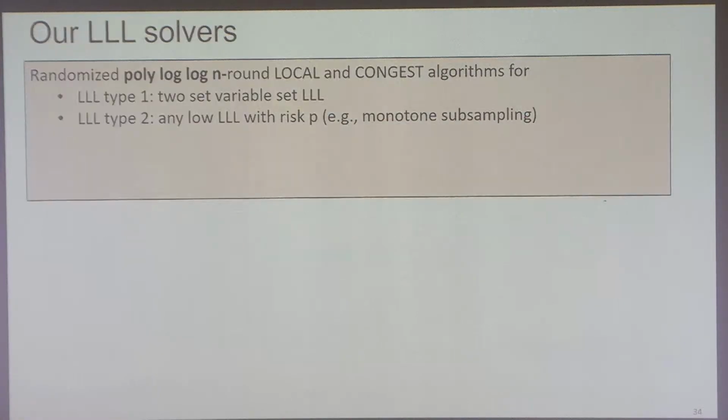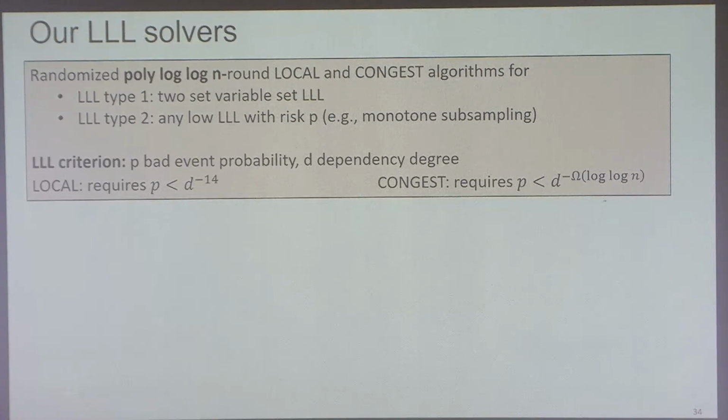So let me summarize. What we have here is two LLL solvers. The first one solves LLLs which have two of these alternative sets of variables from which you can become happy available. And the second one is one for this subsampling processes of monotone events.